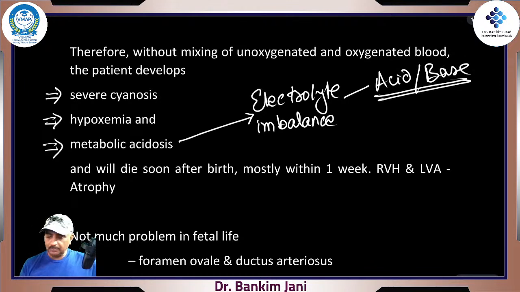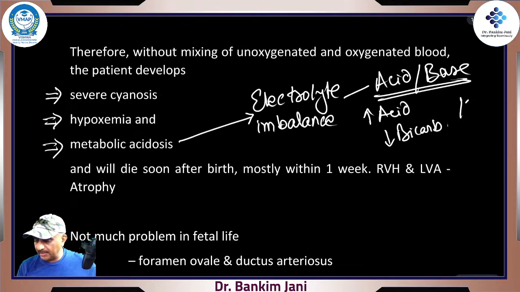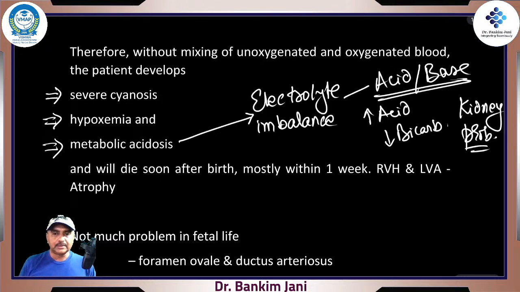There can be an increase in the acid or a decrease in the bicarbonates, or when the kidneys are not functioning properly, so kidney problems. All those things can lead to metabolic acidosis, and the baby will die soon after birth, mostly within a week, even before that.